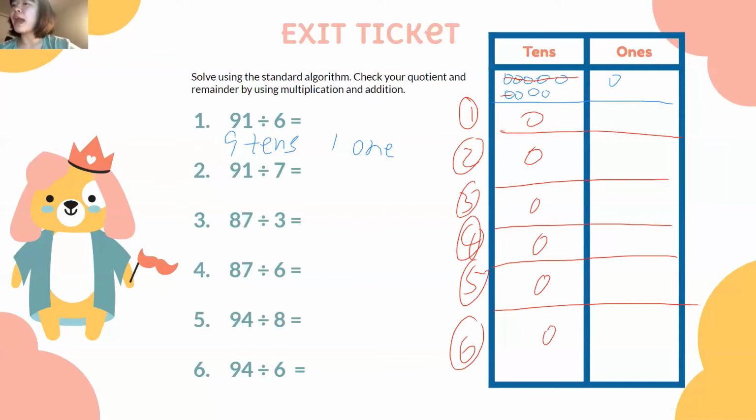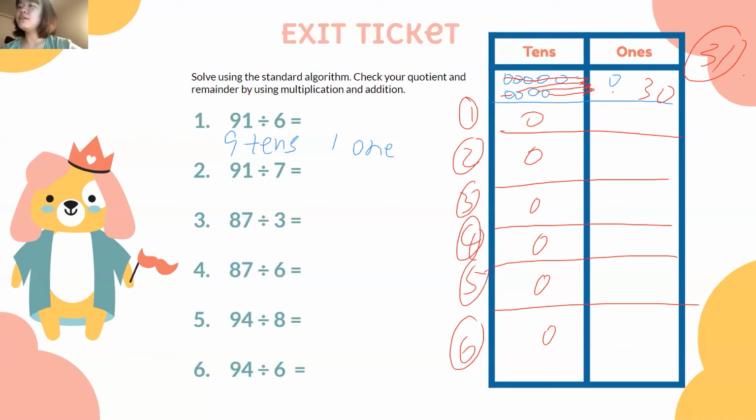Okay, and we have 3 tens left, and we can unbundle them into 30 ones. So we have 30 ones, and we already have 1 in the place value chart. So what's 30 plus 1? That is 31.